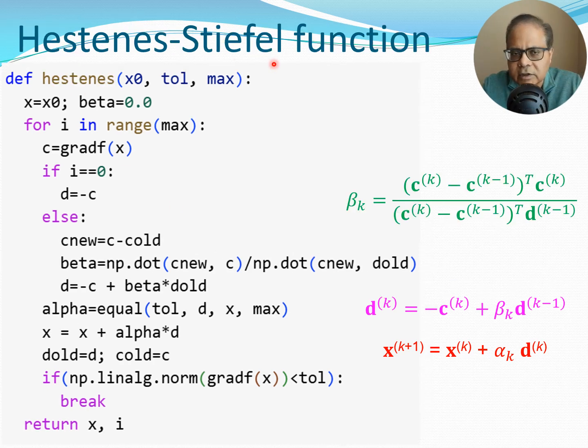For the Hestenes-Stiefel, we have an expression here slightly more complex, and in this case what we have done is we had defined this C new here as C minus C old, and then we were able to take the dot product of C new into C and divide it by the dot product of C new into D old. So that essentially calculated beta here, and I was able to get the value of D, and then I was able to get the value of X from these different formulas.